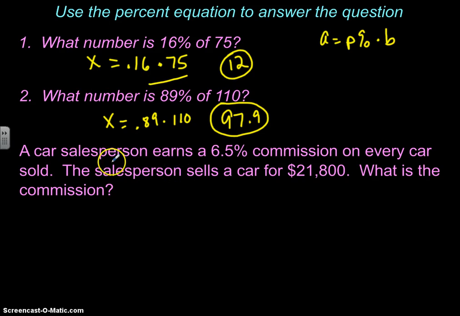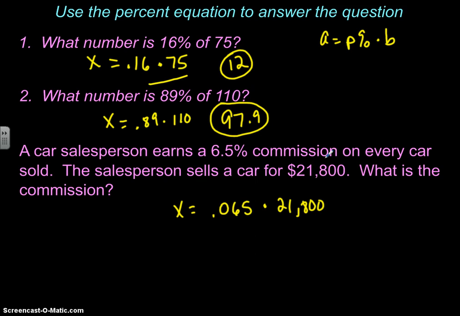Okay, here's a basic word problem. A car salesperson earns a 6.5% commission on every car sold. The salesperson sells a car for $21,800. What is the commission? Well, it's 6.5% on the sale of the car. So X is equal to, now I've got to change the percent to a decimal, 0.065 times 21,800.